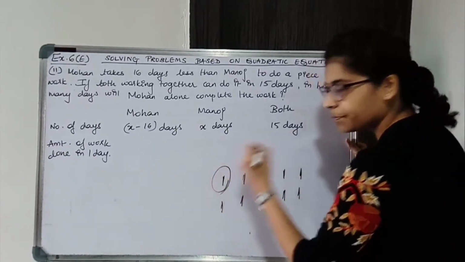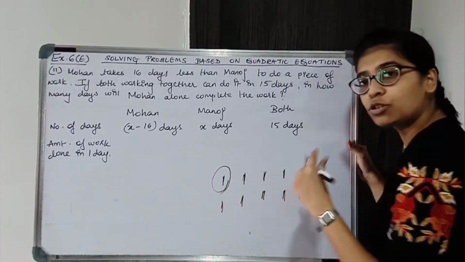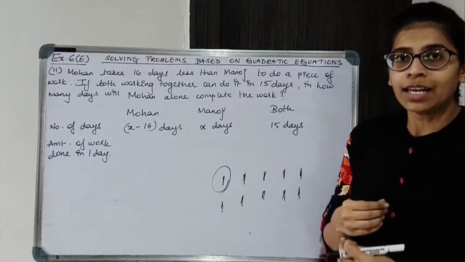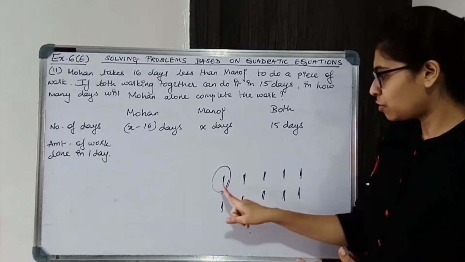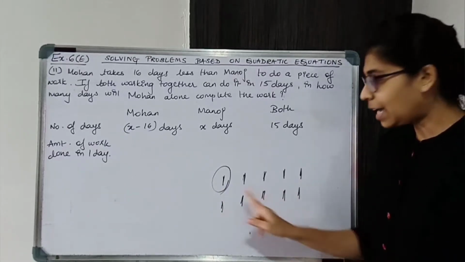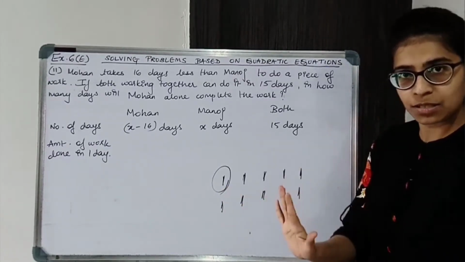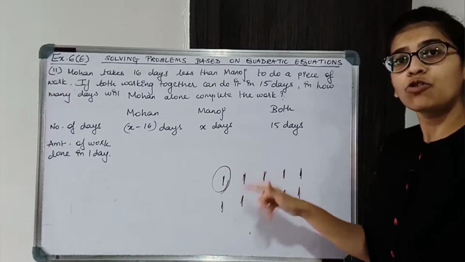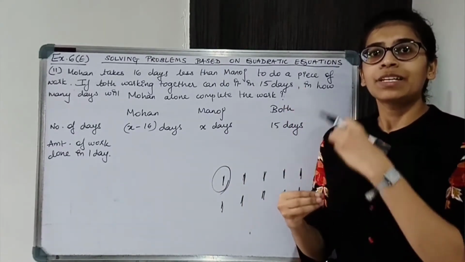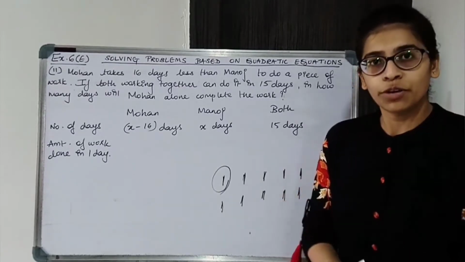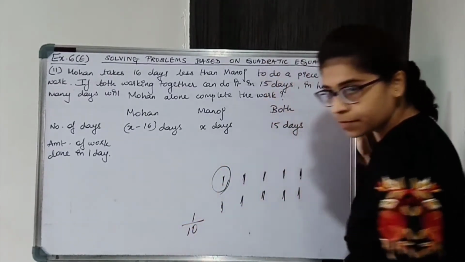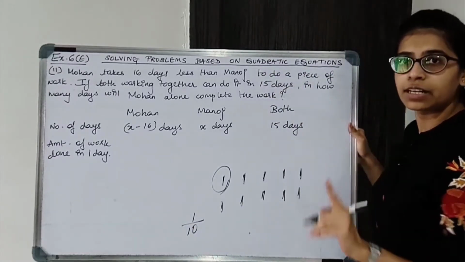One part out of the total 10 parts. He has to do the work in 10 days, so 1 out of 10 days. So 1 part out of 10 parts of work he is going to do. So it will be 1 by 10 of the work done in one day.